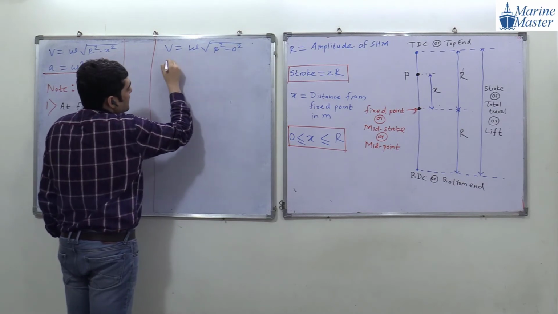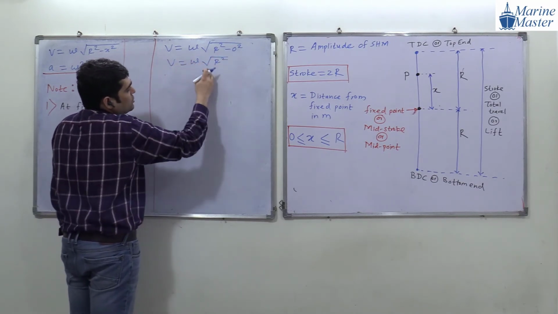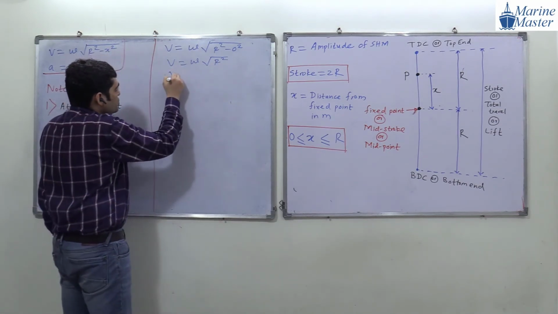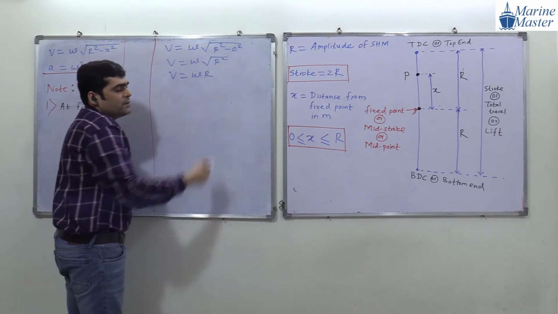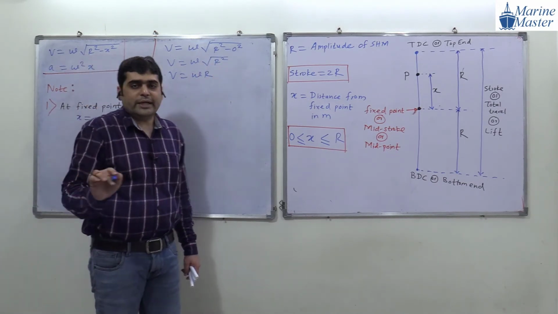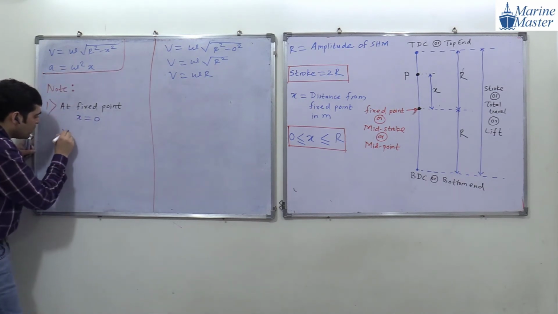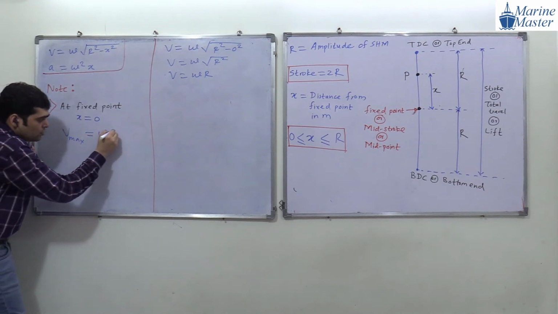So V is equal to omega under root of r square. The square root of r square will become r. So at the fixed point, we get V becomes V max, which is equal to omega r.